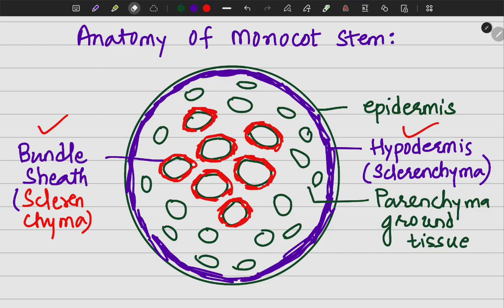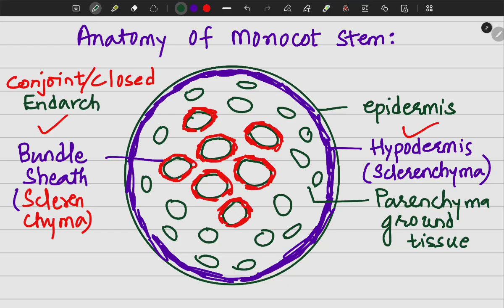So there will be no cambium, hence the vascular bundles are conjoined and closed. And the type of protoxylem would be endarch only, because in cases of stem we find endarch protoxylem.